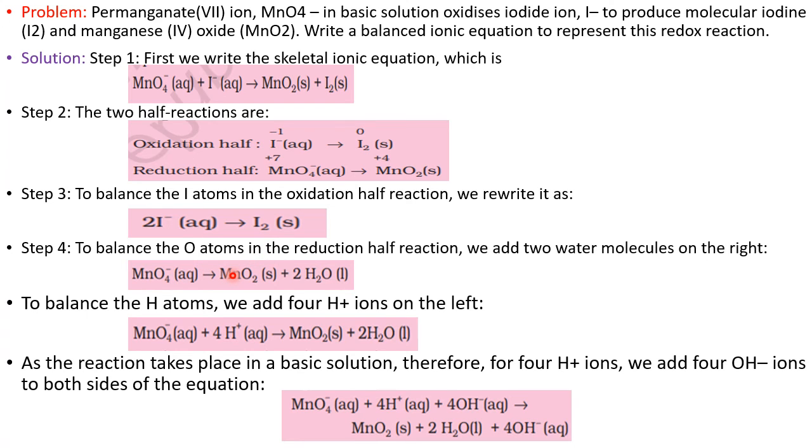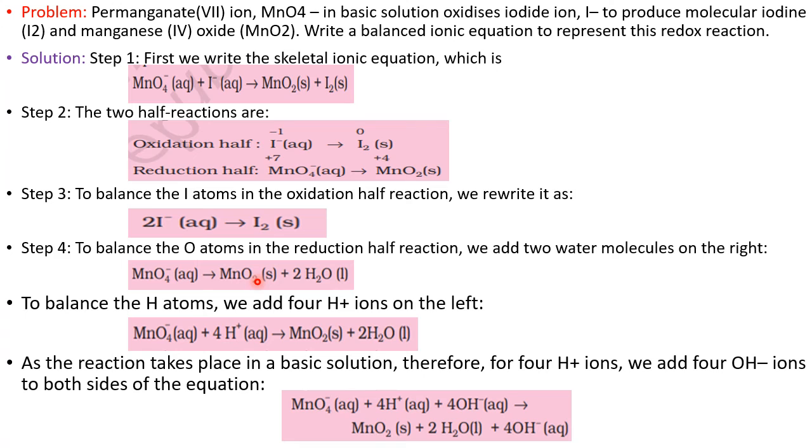Next, I have to balance the O. Here 4 O, here 2 O. Now 2 O are less on the right-hand side. To balance the 2 O, what should I do? What does the rule say? Balance O by adding a sufficient number of OH minus ions on the side deficient in O, because this is taking place in the basic medium.